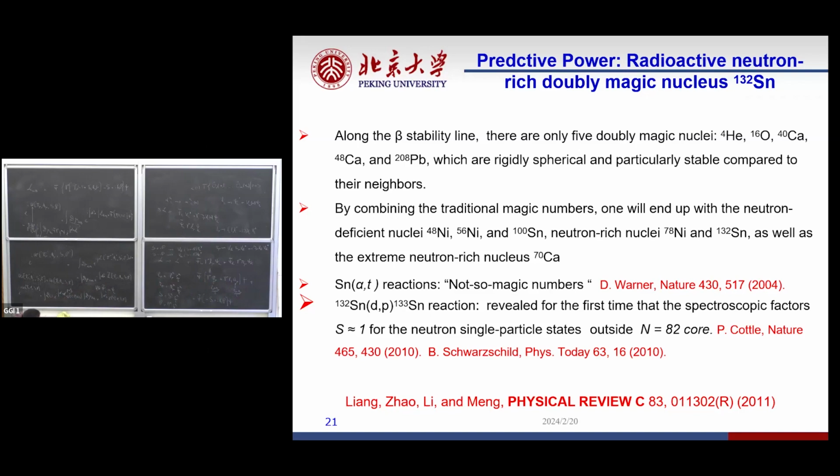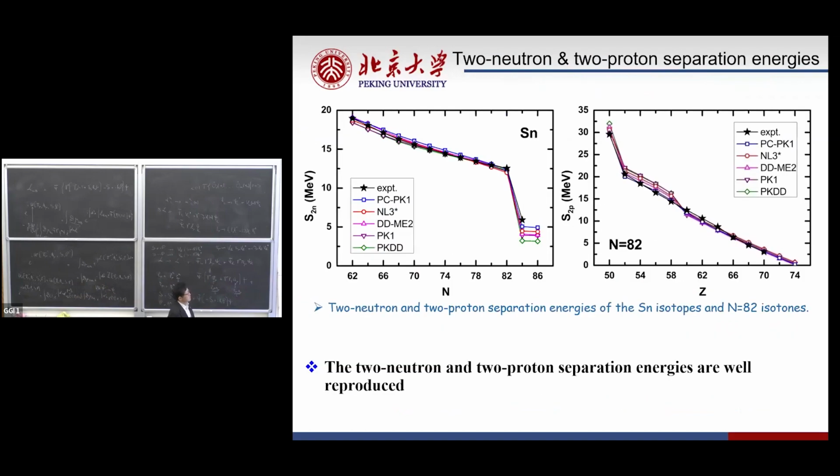So it's very interesting to understand whether tin-132 is still a double magic nucleus, in particular after we have done this calculation without fitting to this nucleus. So how do we tell whether it is double magic or not?